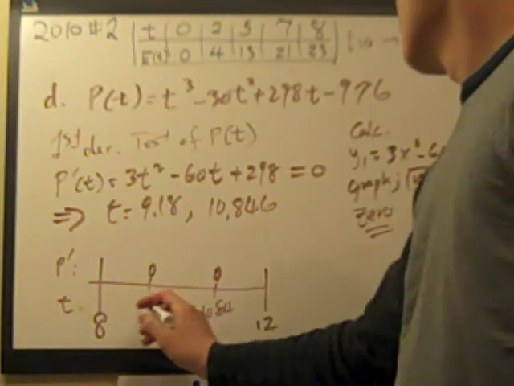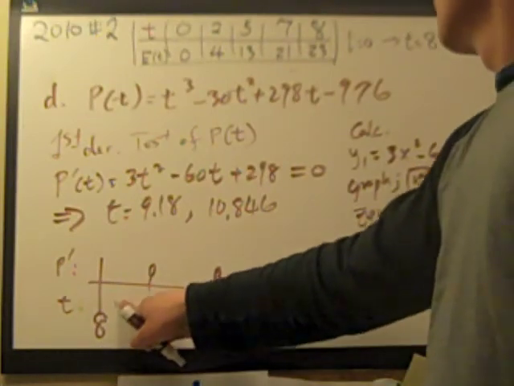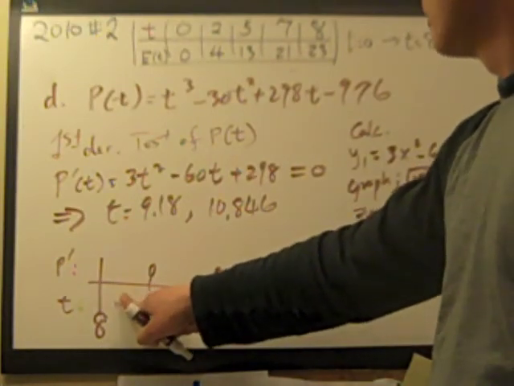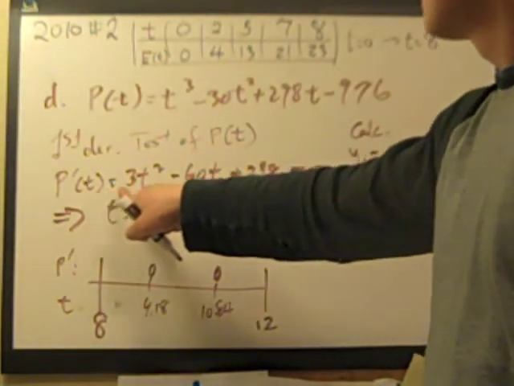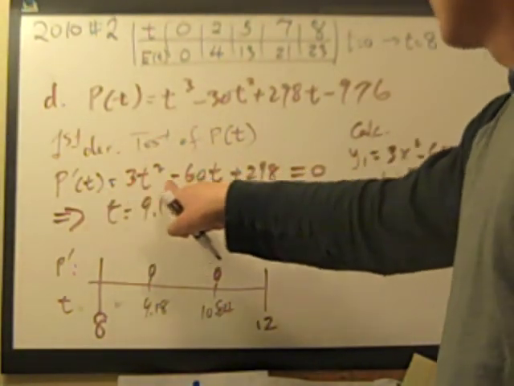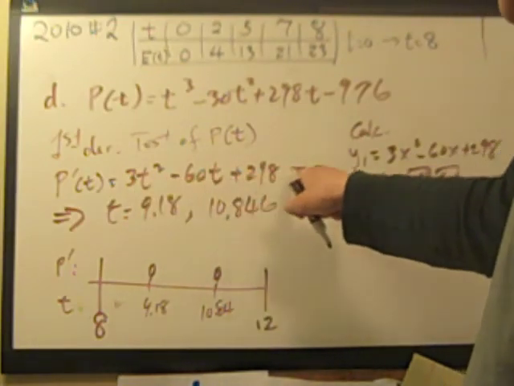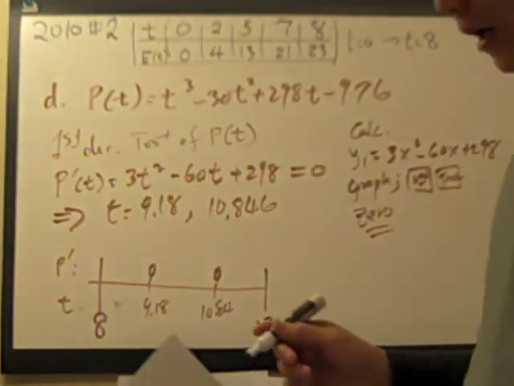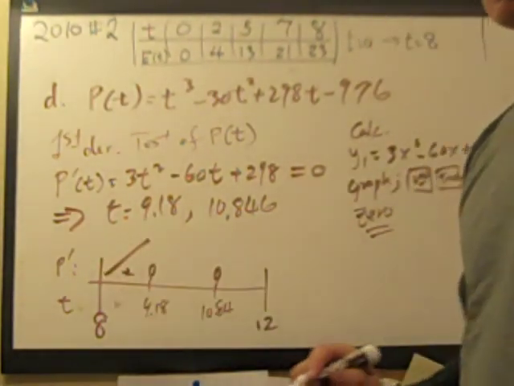Okay, so what we need to do is find a value between 8 and 9.18. Pick 9, for example. If you put 9 into P prime, 3 times 9 squared minus 60 times 9 plus 298, it should give you a positive value, which means it's going to go up.